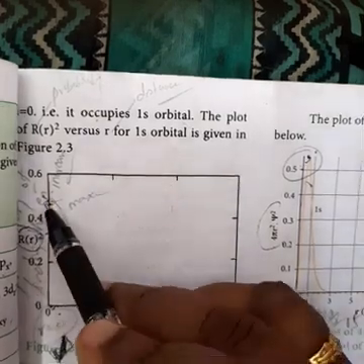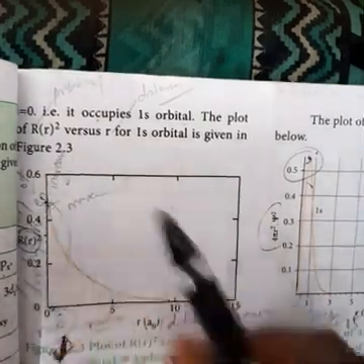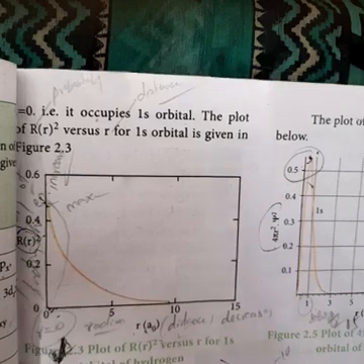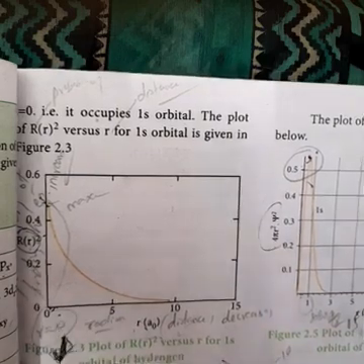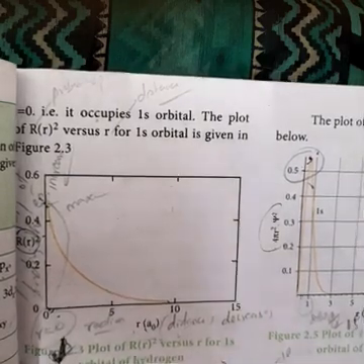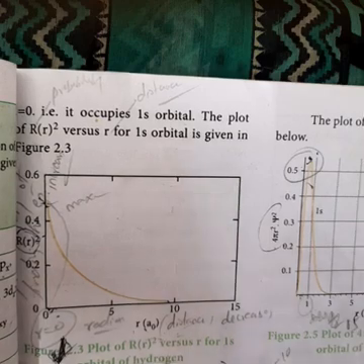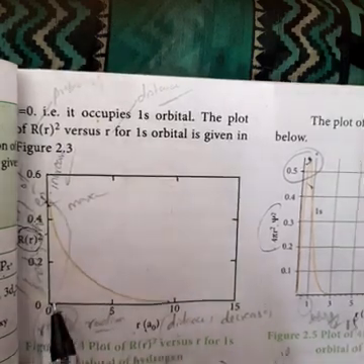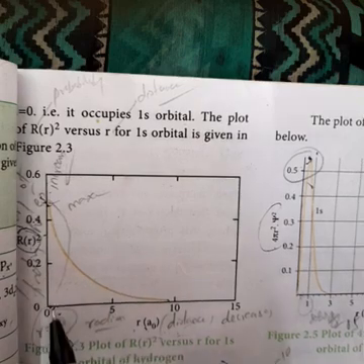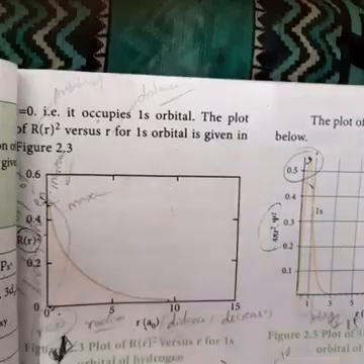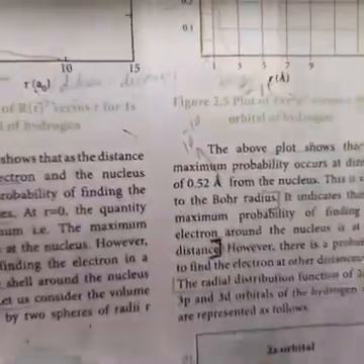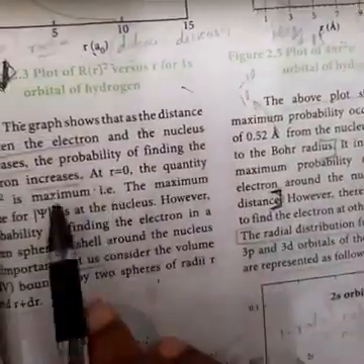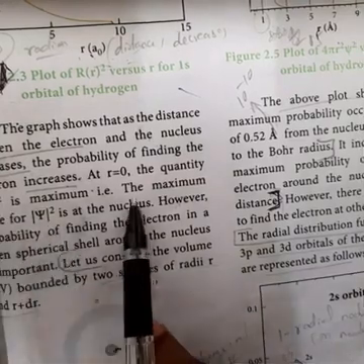Okay, the graph shows that as the distance between the electron and the nucleus decreases, the probability of finding the electron increases. Okay, this graph shows that the electron probability increases to a maximum near the nucleus. Okay, at r equal to 0, the quantity indicates the probability of electrons, that is maximum.